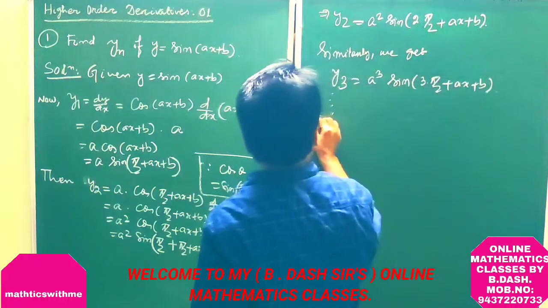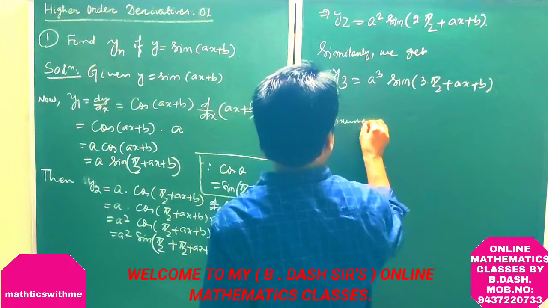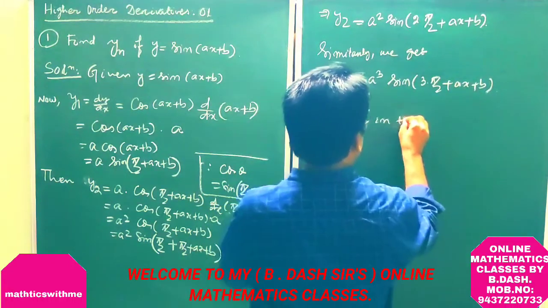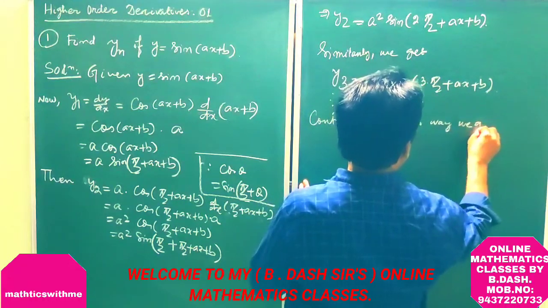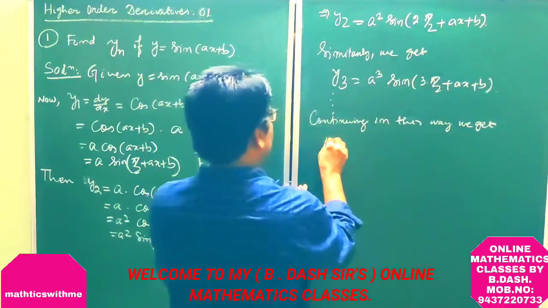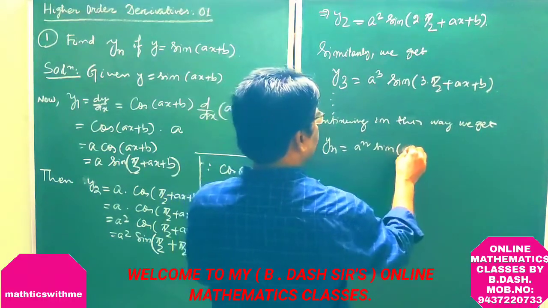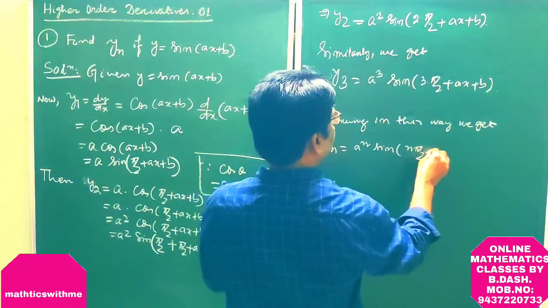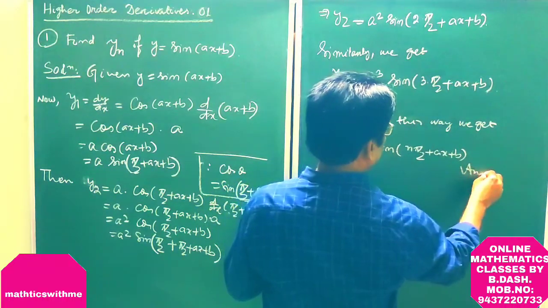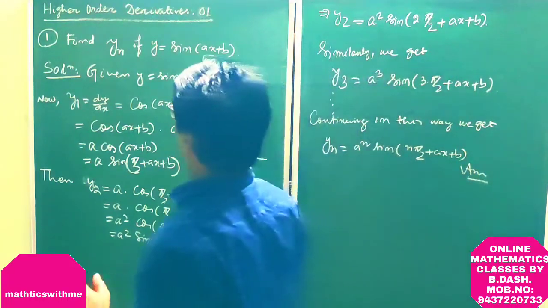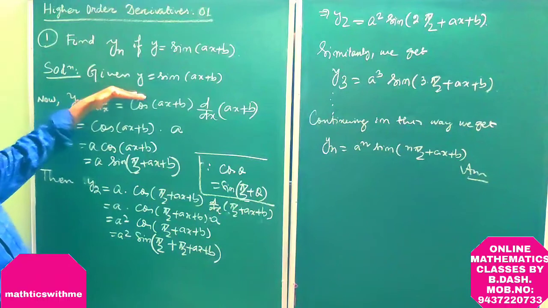Now continuing in this way, we get yn is equal to a to the power n sine of n pi by 2 plus ax plus b. Answer. So here y is equal to sine of ax plus b and we have to find the nth derivative.